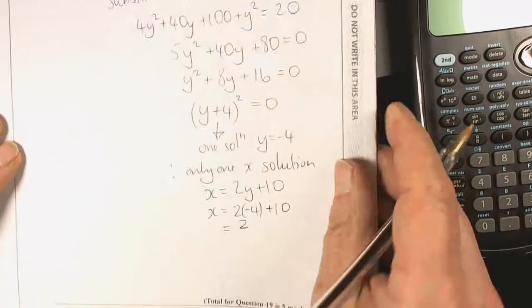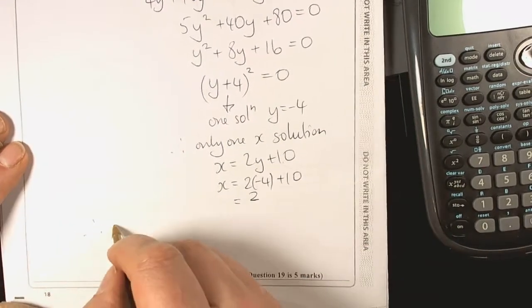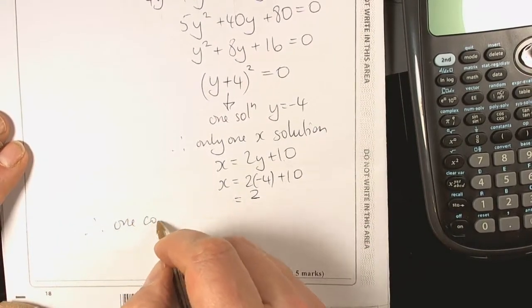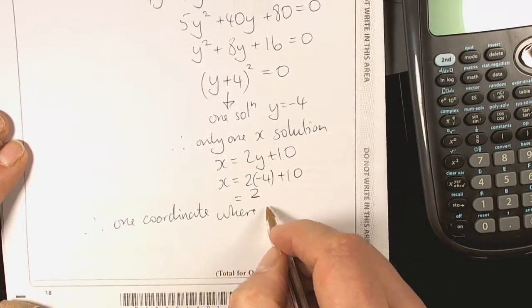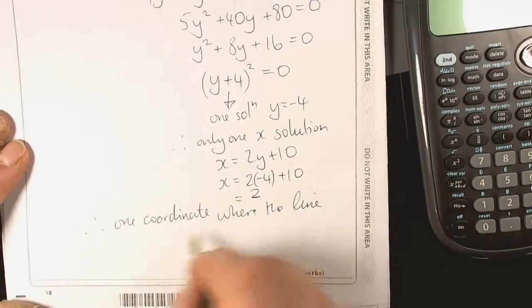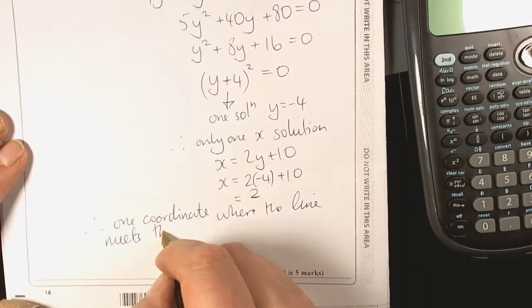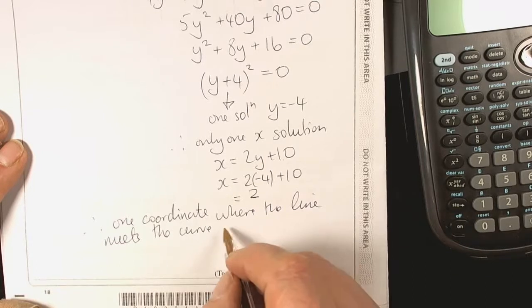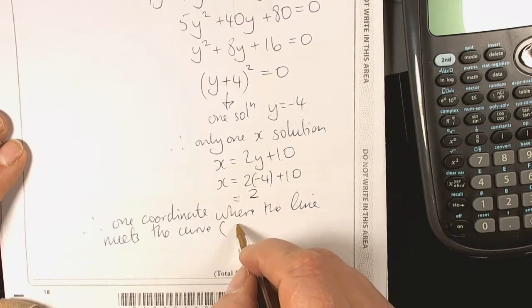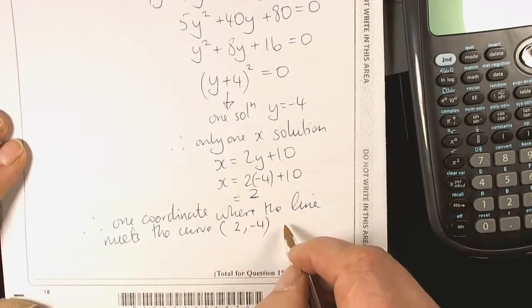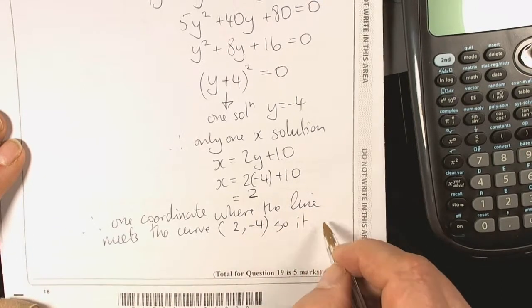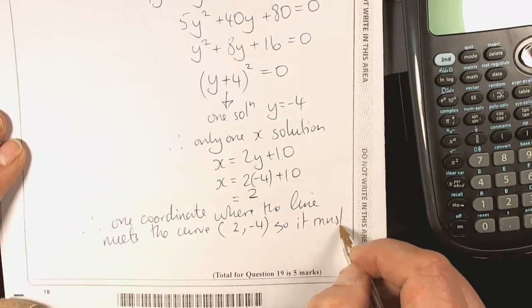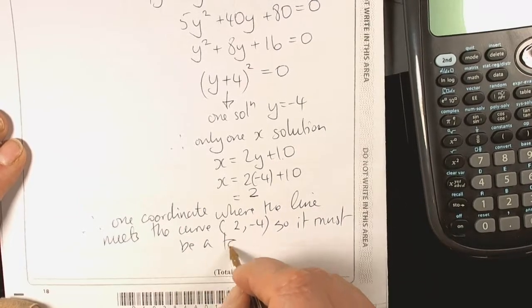So basically then we have therefore one coordinate where the line meets the curve, and that coordinate is 2, negative 4. So one coordinate where the line meets the curve, so it must be a tangent.